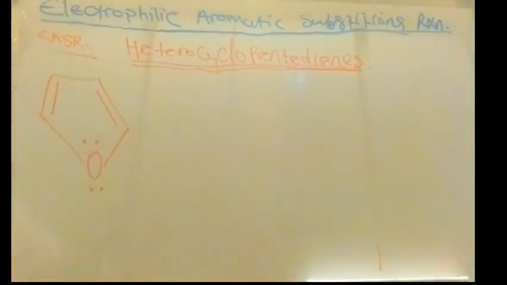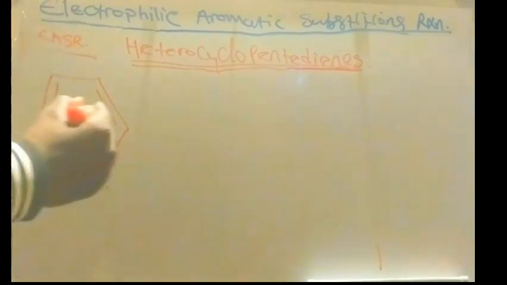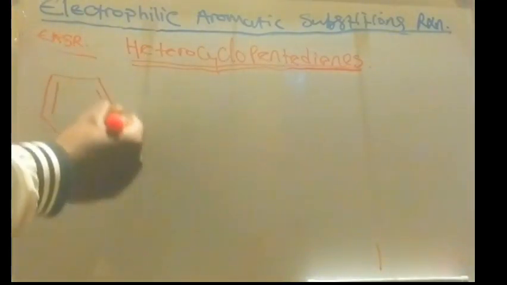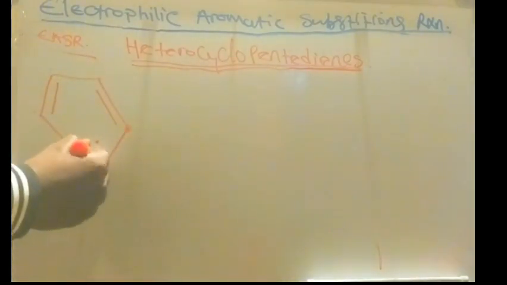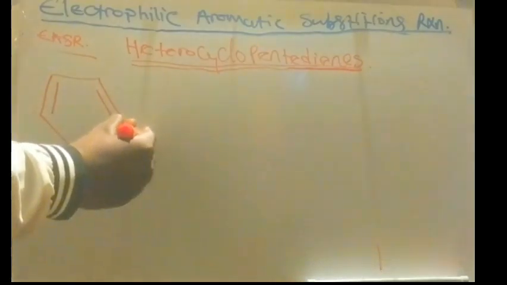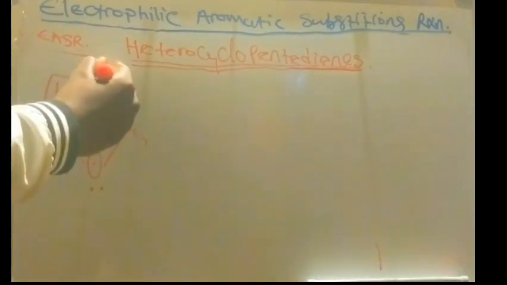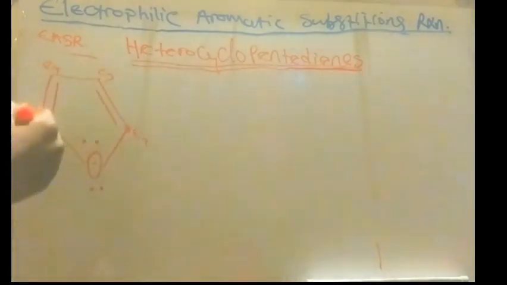Alright. So this is our unsubstituted heterocyclopentadiene ring. As we can see, it possesses a conjugated system. So in this system here, we'll try out these various positions. If this is the first position, this should be C2, carbon 2, carbon 3, carbon 4, and carbon 5.